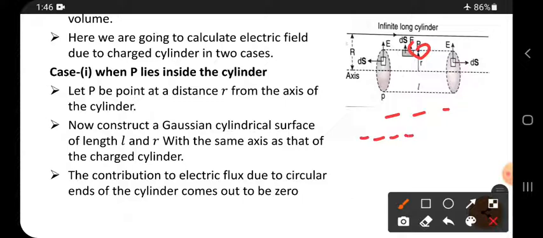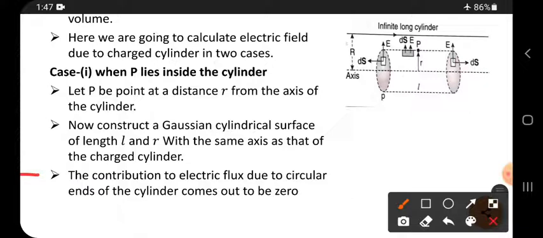Always we must draw the Gaussian cylindrical surface, or any Gaussian surface, with dotted lines only. The radius of this Gaussian cylinder must be taken from the axis of the actual cylinder. So this is the axis of the actual cylinder, and this distance is taken as the radius of the Gaussian cylindrical surface.